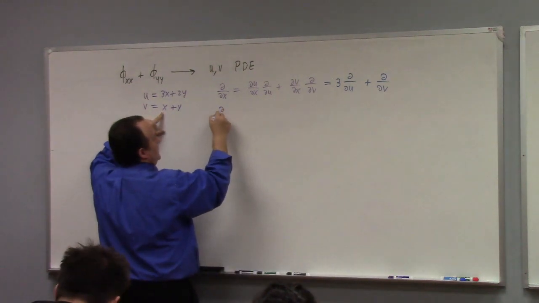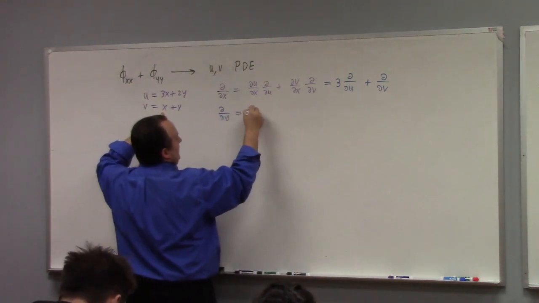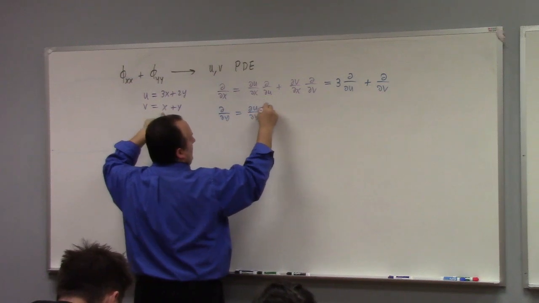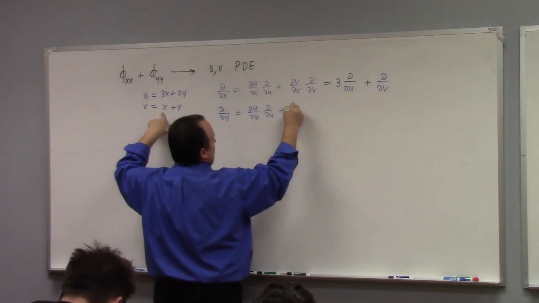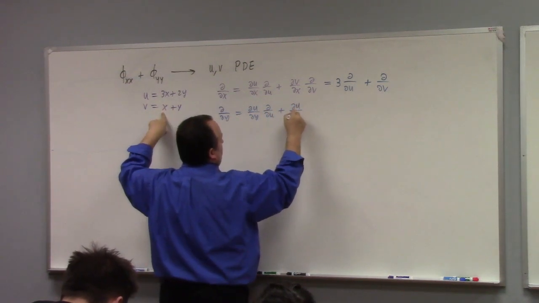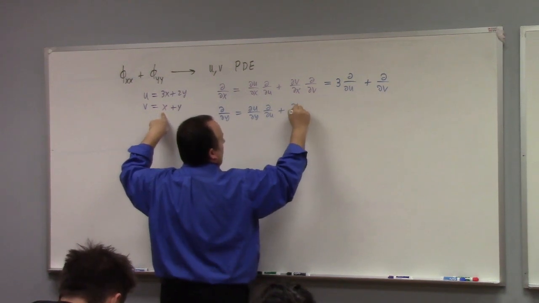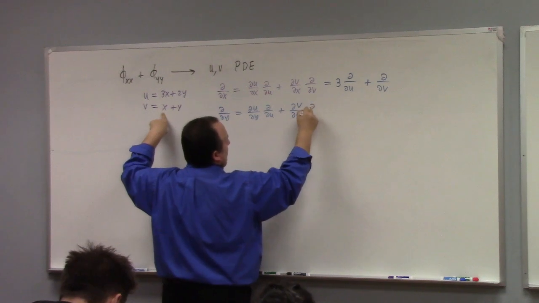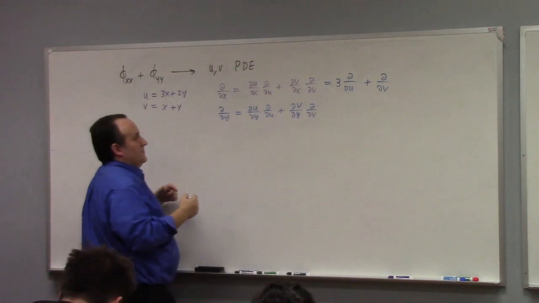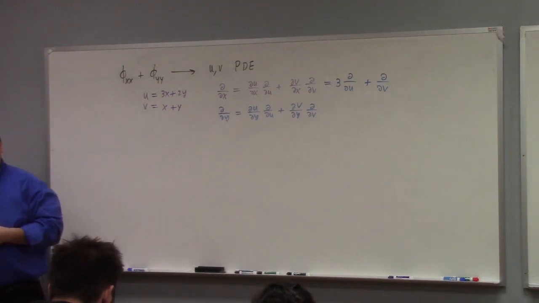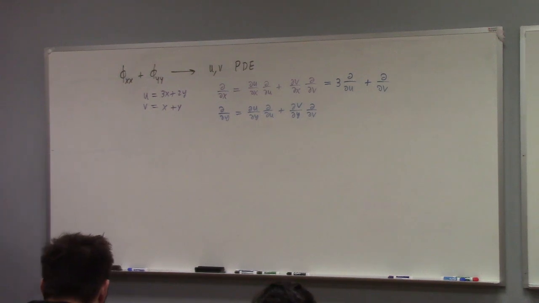Likewise, what's partial y? Well, partial u partial y, partial u, plus partial v partial y, partial v. So I'm just writing the chain rule without a function, if that is okay with you guys.